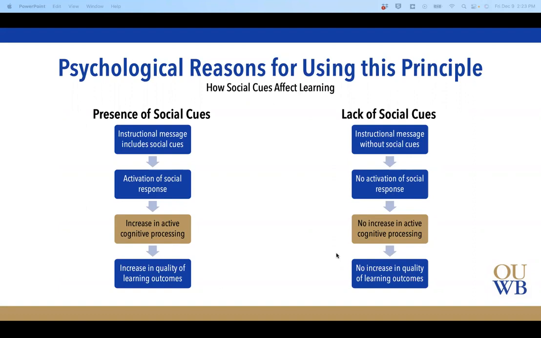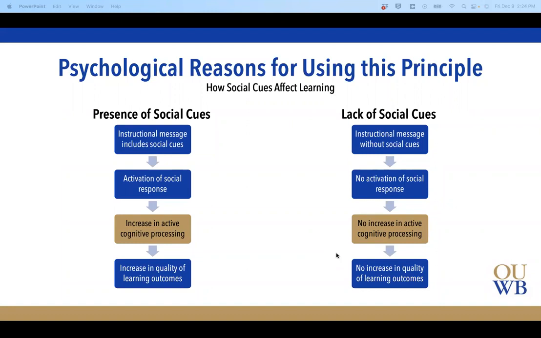When you build those feelings of being present, that causes the learner to engage in deeper cognitive processing during learning. Essentially, the learners start working harder to understand what is being said. You're building some of that motivation because they see themselves as being an active participant rather than a passive one.